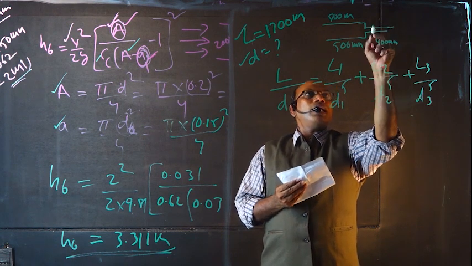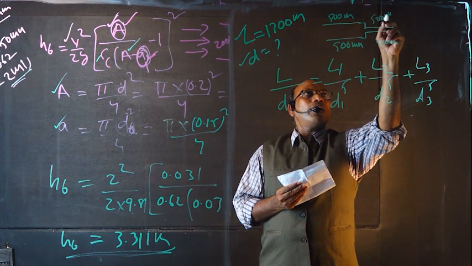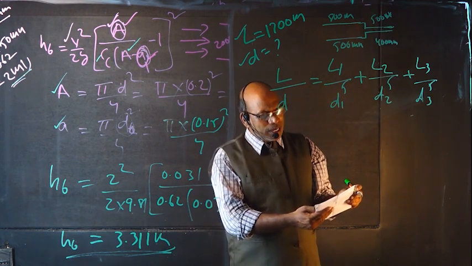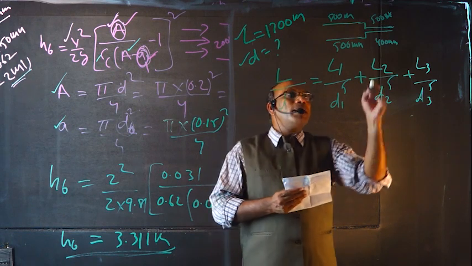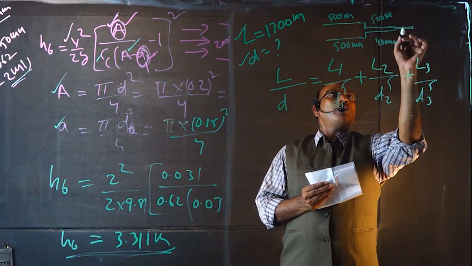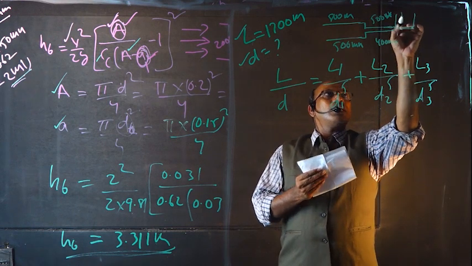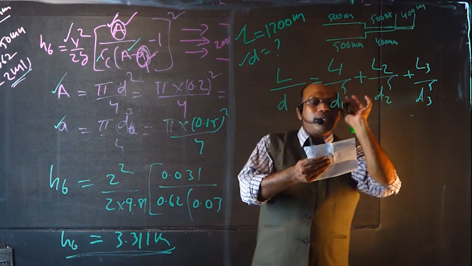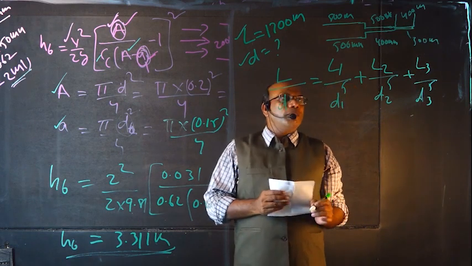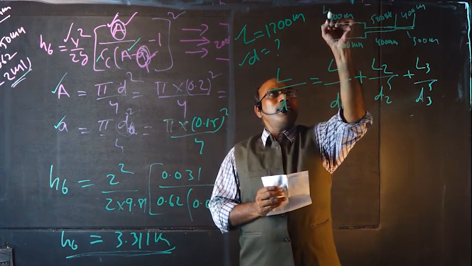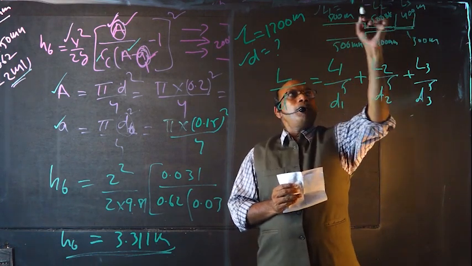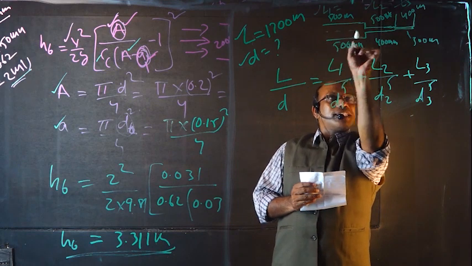And one more pipe, length 400 meters and diameter 300 mm. That means this is L1, this is L2, this is L3. Pipe 1, pipe 2, pipe 3 connected in series.